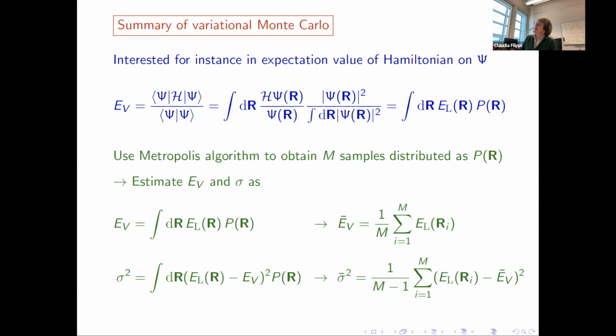Now, as regards computing the error, we will see in the hands-on that we have a bit of a problem because these samples are correlated. So you can compute an average very easily, but computing an error bar, you cannot just treat your samples as independent. What we'll do is something called blocking, okay? For the average, you can use them all, whether they are correlated or not, as long as you have enough to have a reasonable estimate of your variable.